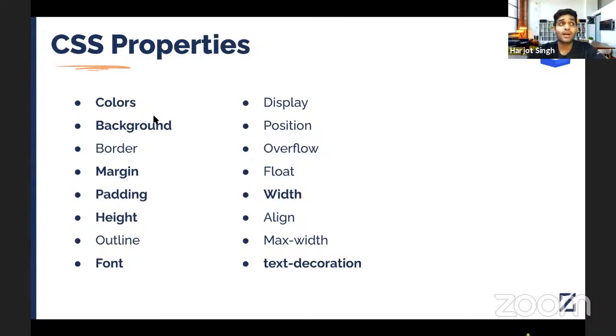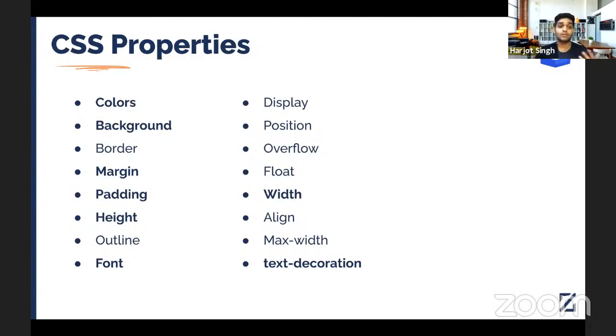There are over 100 properties in CSS. You can't really remember them, but you just get used to them with time. For example, if you want to add a background, there's a property called background. If you want to add a border, there's a border property; margin has a margin property; there's padding, height, so many properties. I don't remember everything. I just remember a few that I keep using again and again, and with time, you'll figure out which properties you continuously use.